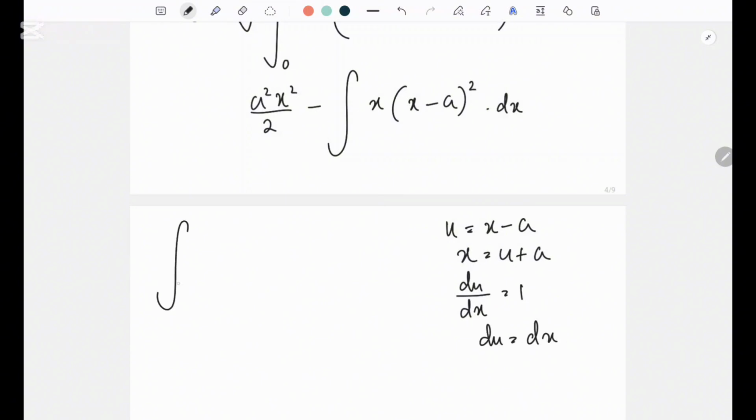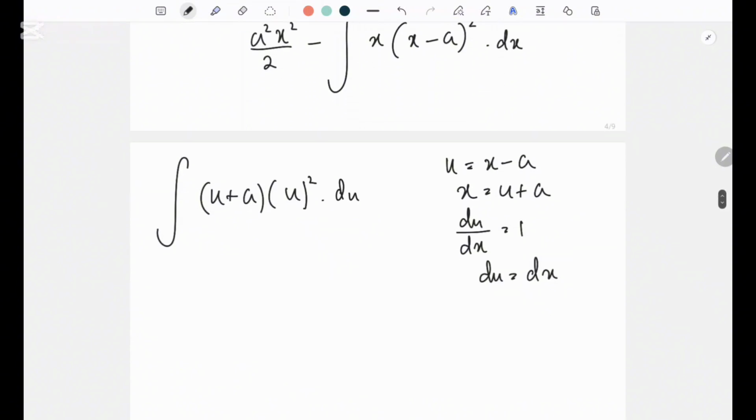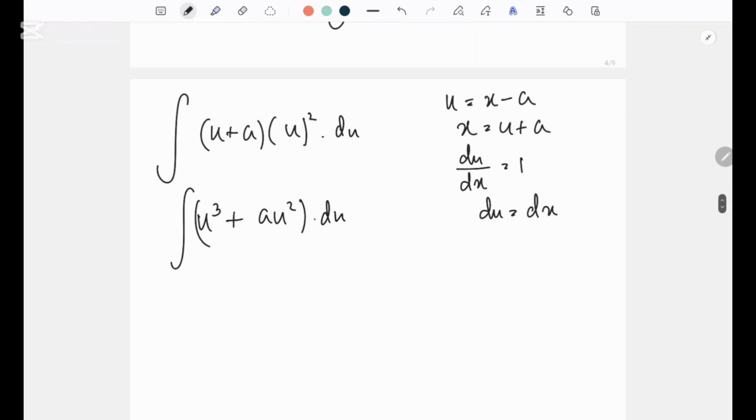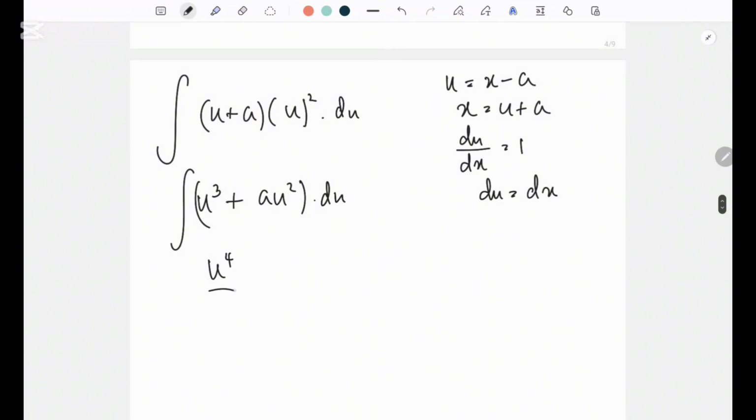So the integration of that is x is u plus a, into (x minus a) is u, but you have squared, right? So u squared du. So now you have to integrate u to the power 3 plus a u squared du, right? So that's u to the power 4 over 4 plus a u to the power 3 over 3.